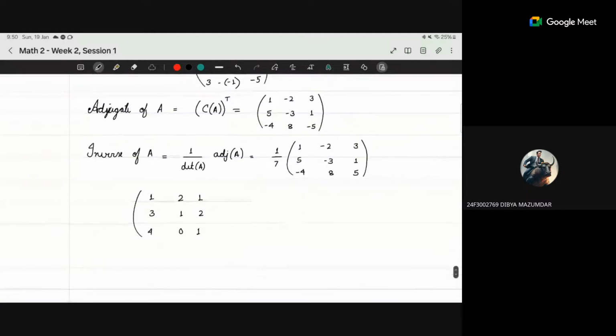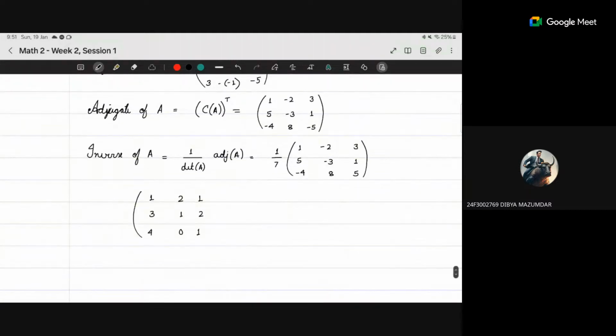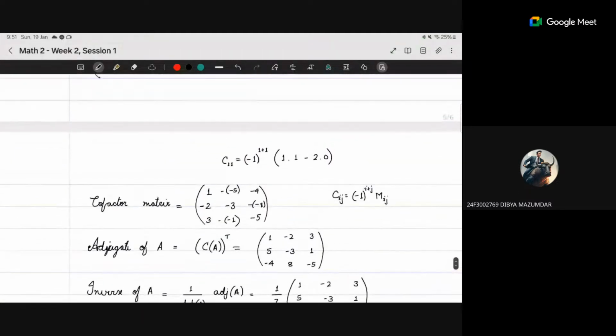Sir, but why have you written minus of minus 5 here in the first row? Just to emphasize the fact that this thing is -1 times the minor, which is -5. The definition says to do that.